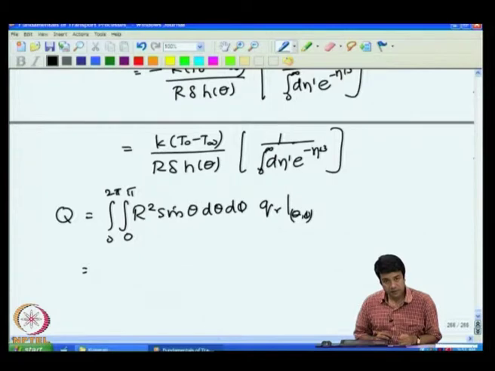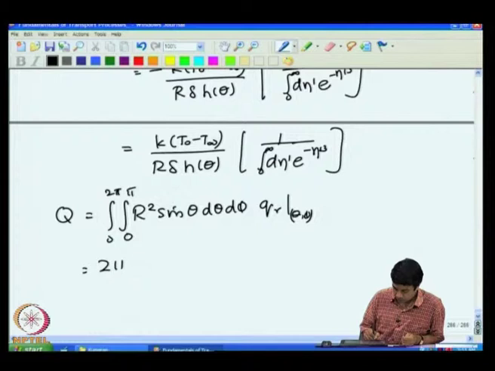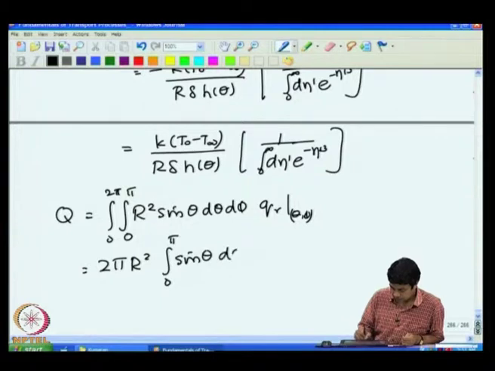There is no variation in the phi coordinate, of course, and so I will just get 2 pi R square, integral 0 to pi sin theta d theta times qr at theta and phi.